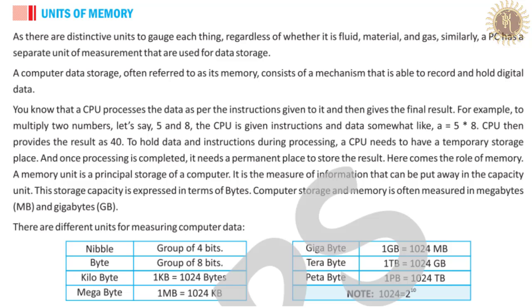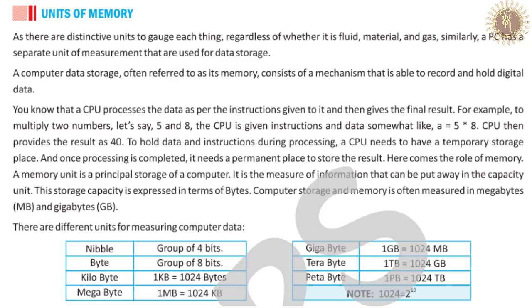You already know that a CPU processes the data as per the commands given to it and then gives the final result. As an example, to multiply two numbers, let's consider 5 and 8, the CPU is given instructions and data like A equals 5 into 8. The CPU then gives the result as 40.